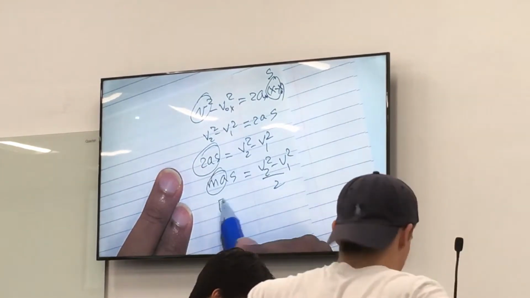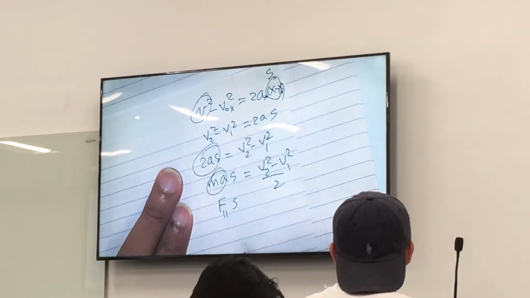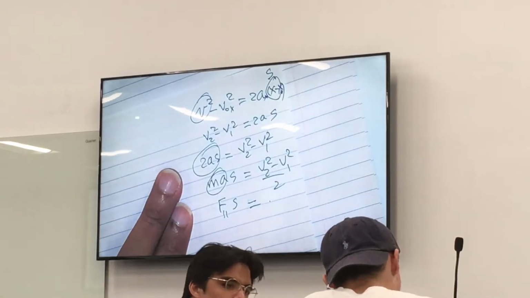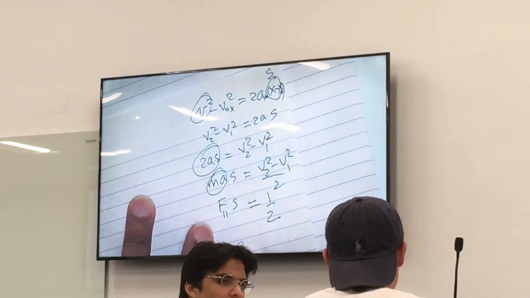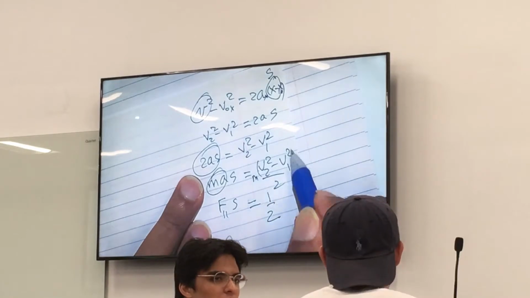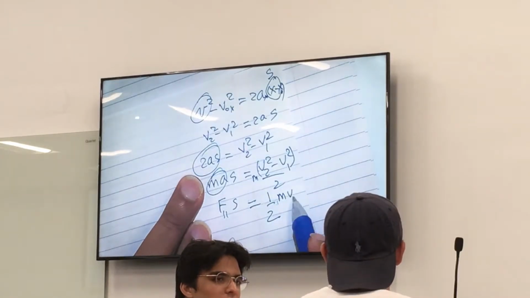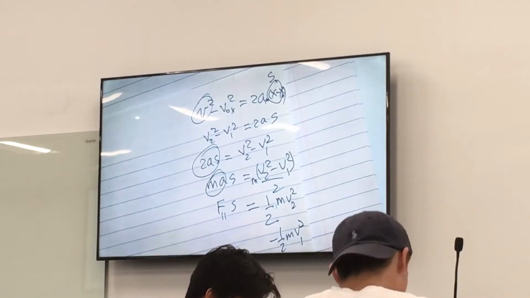If you multiply by m, you get mas equal to (v2 squared minus v1 squared) divided by 2, and ma is force times displacement. So if it is a parallel component of the force, then you basically get 1/2 m v2 squared minus 1/2 m v1 squared. So that's what you did, okay?